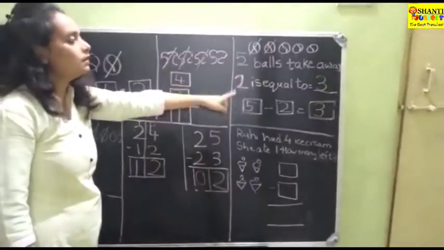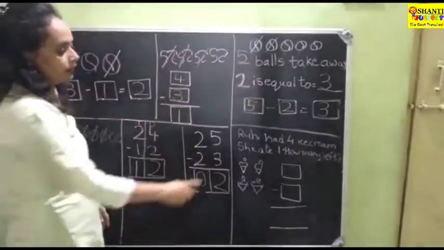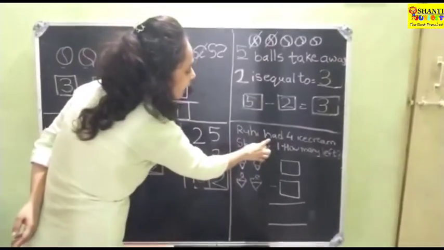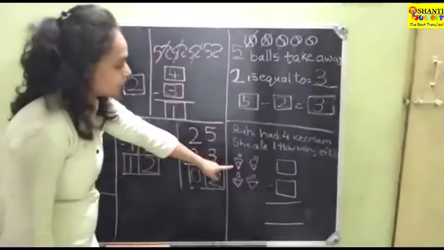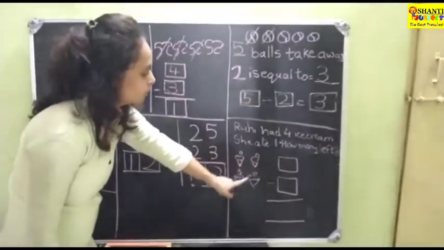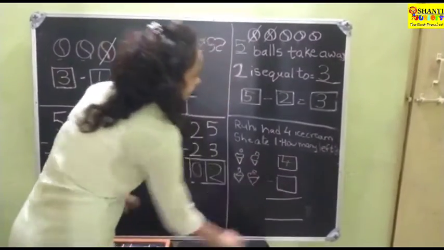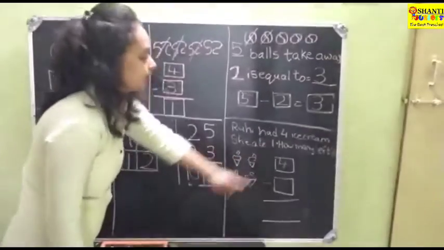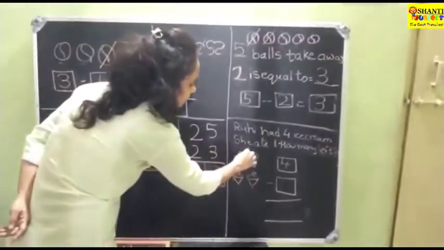It's very simple. Just the sentences are added in that. Okay. Now this one. Ruhi had 4 ice creams. 1, 2, 3, 4. So in the first box you have to write 4. She ate 1. So you have to cut 1.